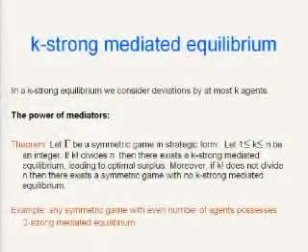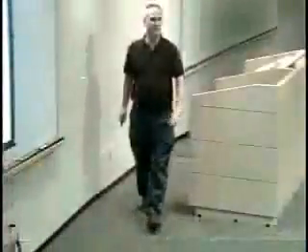So here is what I said, an abstract theorem that you can take home. And this is called the notion of K-strong equilibrium. What is K-strong equilibrium? It talks about stability against deviations by coalitions of size at most K. So what is Nash equilibrium? Nash equilibrium that we all heard about is being stable against deviations of coalitions of at most size 1.